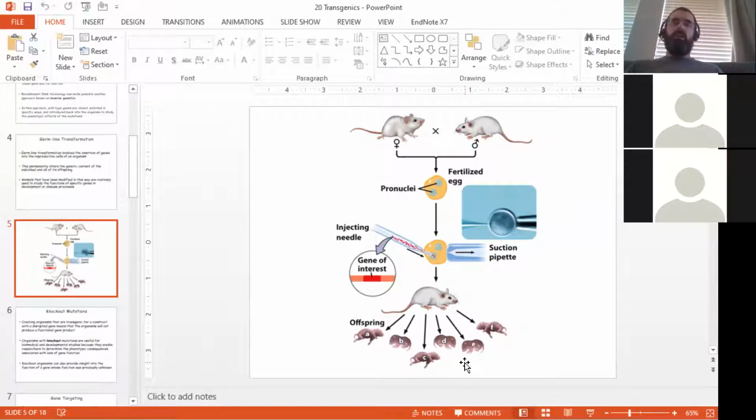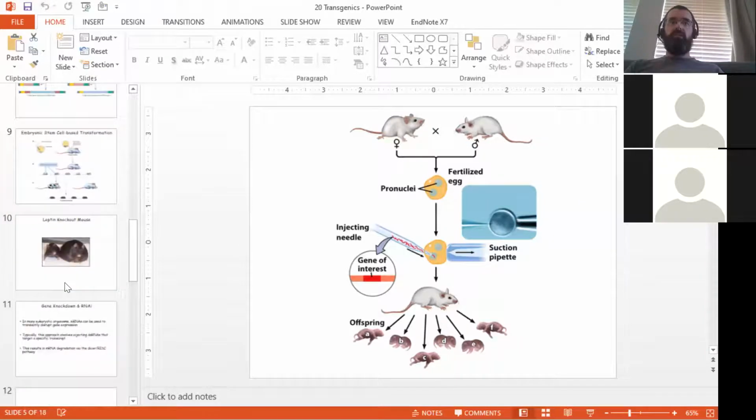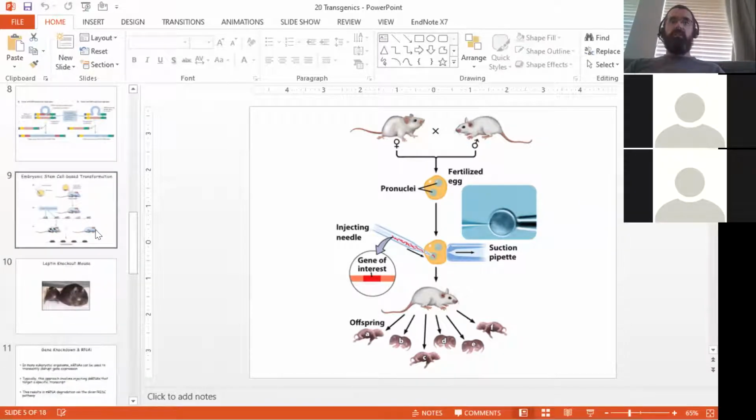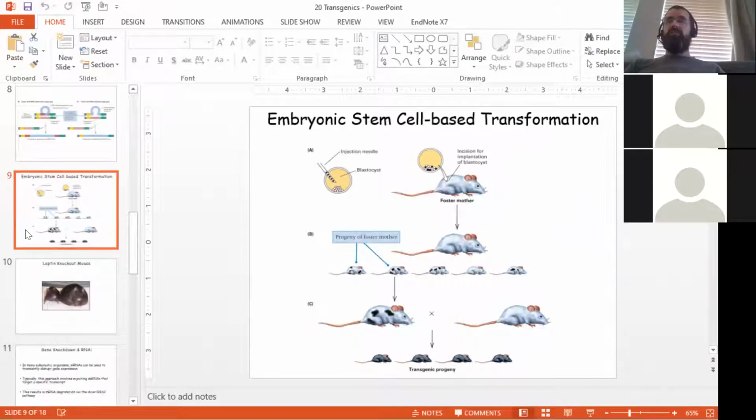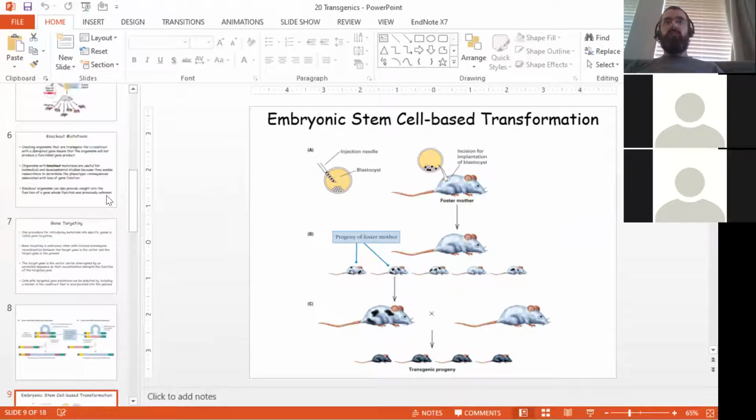So there's a good picture down here, which illustrates the issue. Basically what happens once you do that is you get what's called a mosaic, right? Because obviously, let's go back up here.